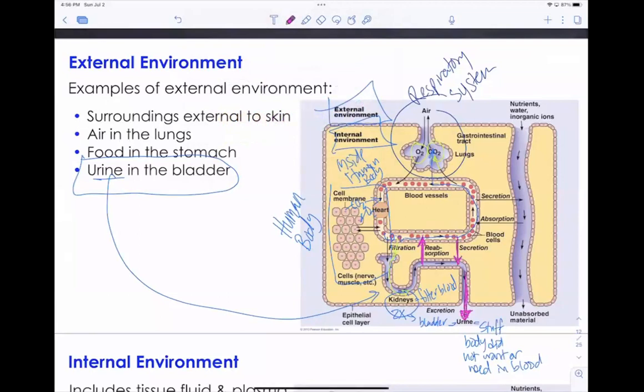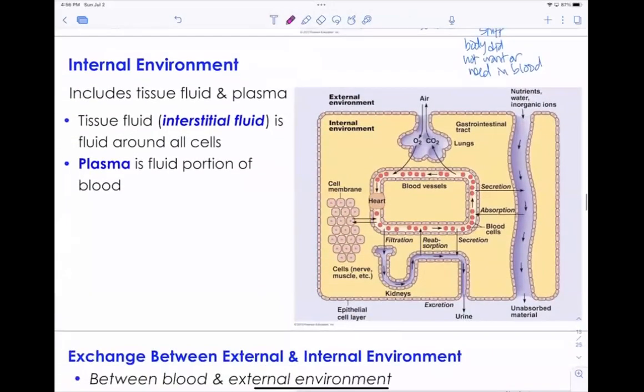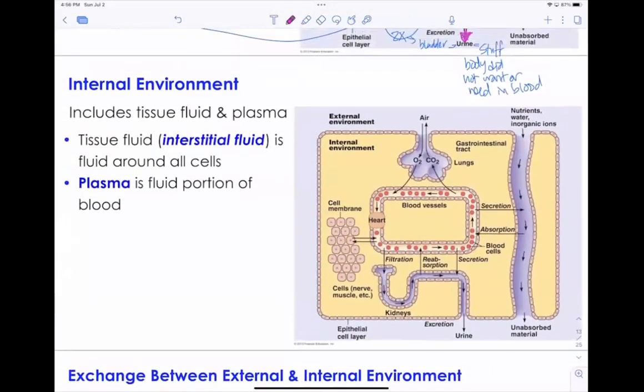And so that's between the external and internal environment. Again, internal is going to be between the blood and the cells. Now, plasma is the fluid portion of the blood, and that fluid that leaves the blood and goes out between the cells is called interstitial fluid. So interstitial fluid is the fluid in your body that is surrounding cells, and plasma is the fluid portion in your blood.